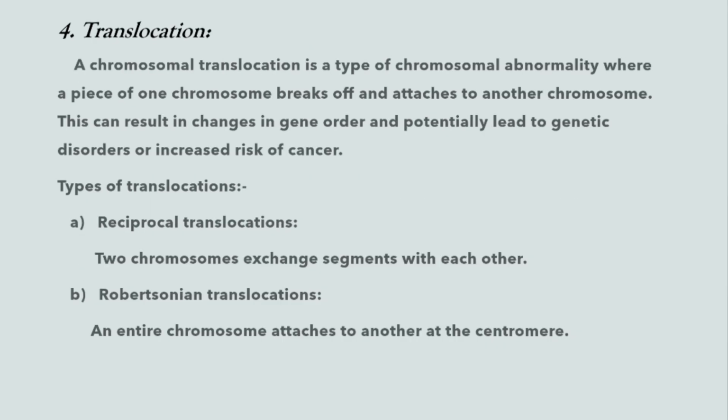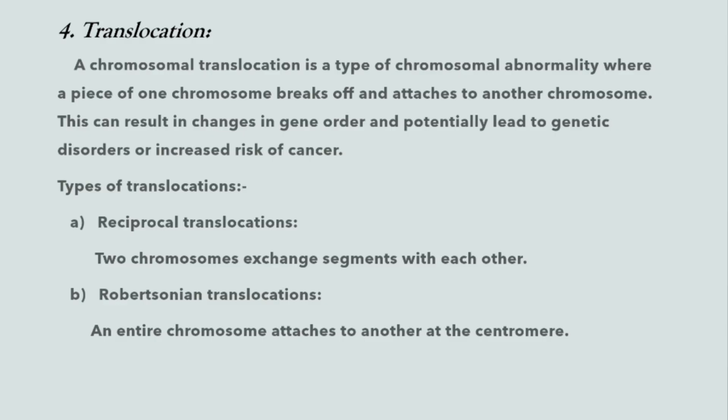Then translocation. A chromosomal translocation is a type of chromosomal abnormality where a piece of one chromosome breaks off and attaches to another chromosome. This can result in changes in gene order and potentially lead to genetic disorders or increased risk of cancer.